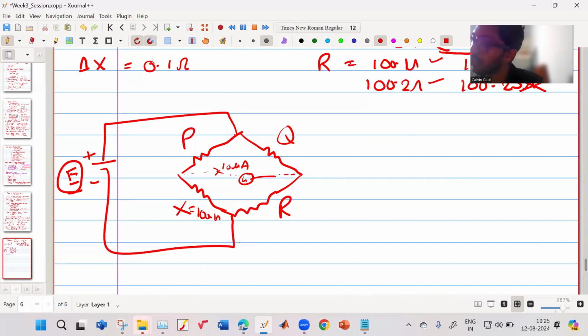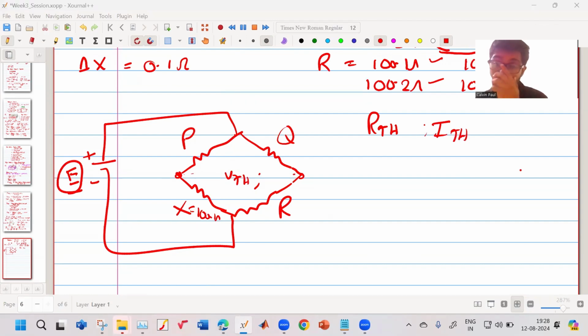Now what do we do? We use Thevenin's theorem. We remove the galvanometer from the circuit, find the Thevenin voltage and the Thevenin resistance, and then we can find the current through this method. So now we have to find the Thevenin voltage.